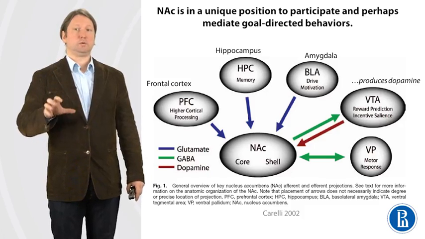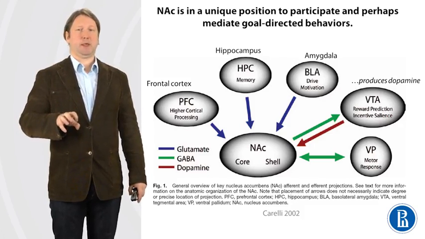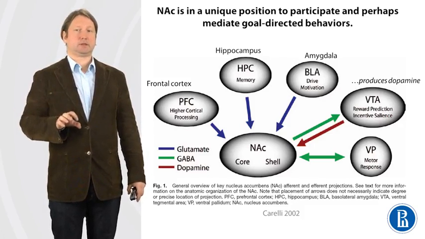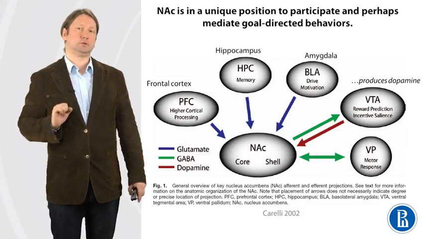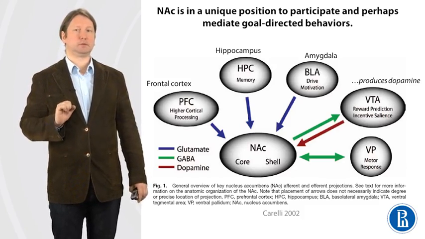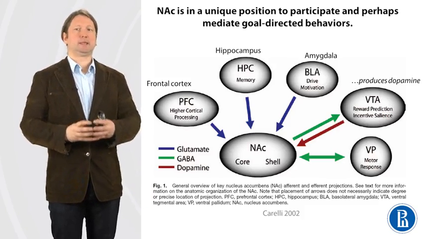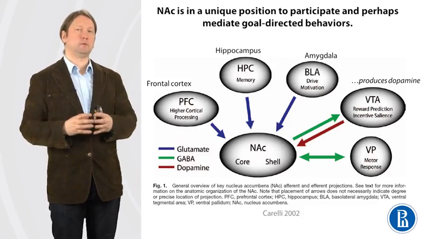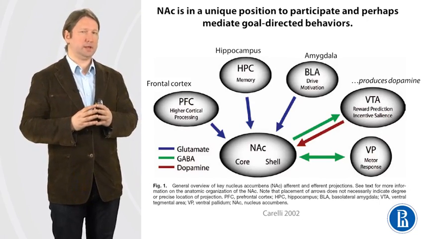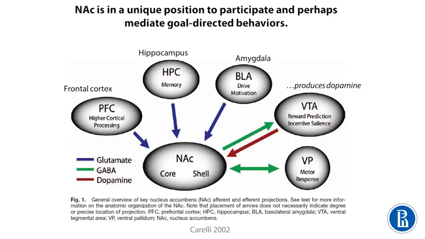So interestingly, the nucleus accumbens is nicely located in the brain and has very critical connections to the key regions involved in decision making. The nucleus accumbens or ventral striatum gets inputs from the prefrontal cortex. We will discuss the role of the prefrontal cortex today in more detail. So it gets more cognitive, higher-order information that is important for decision making. It gets inputs from the hippocampus, from the memory system, and from the amygdala, the region processing the possible costs of our decisions.